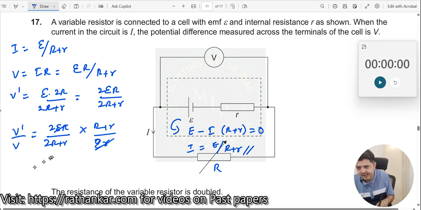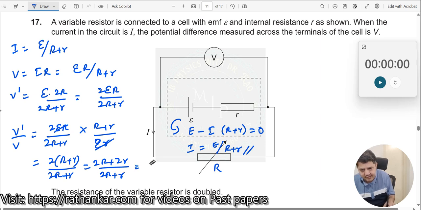ER and ER cancel away. So you get 2 into R plus r divided by 2R plus r, which I can write as 2R plus 2r divided by 2R plus r.